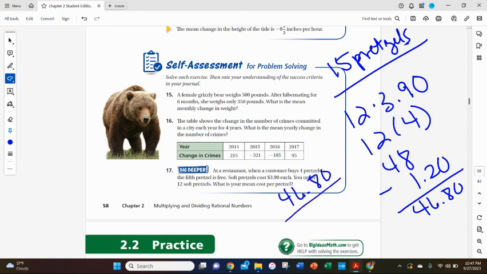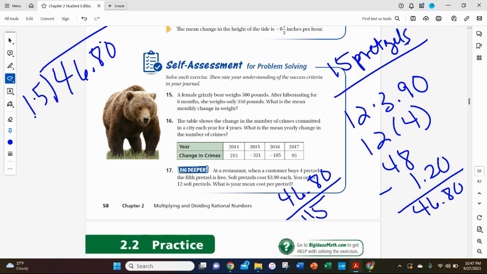So you have $46.80 divided by 15. Ooh, my one got cut off. Divided by 15. So $46.80 divided by 15. Well, 15 goes into 46 3 times, right? 15, 30, 45. So that's 3. 3 times 15 is 45.